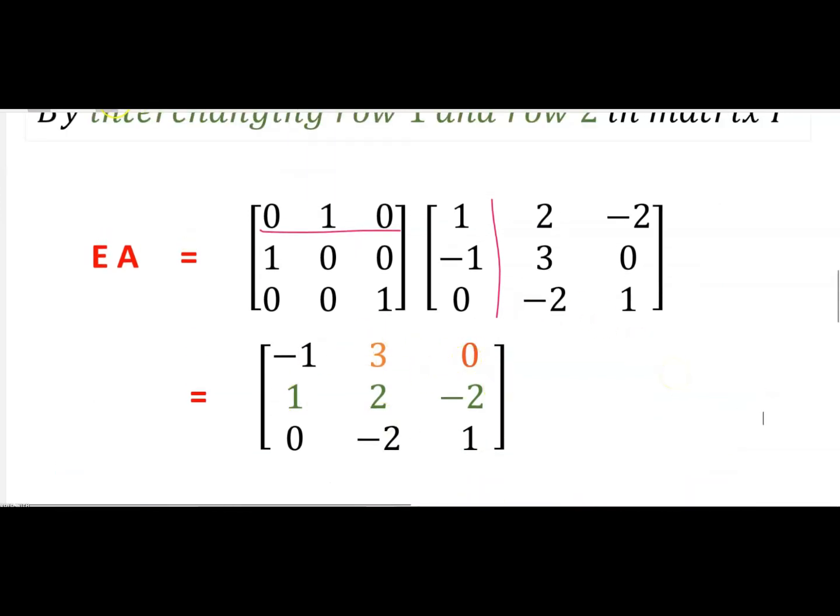As you can see, this was our matrix A, and this is the resultant matrix after multiplication. The second row in the A matrix is now the first row in the resultant matrix. Similarly, the first row in the matrix A is now the second row in the resultant matrix.